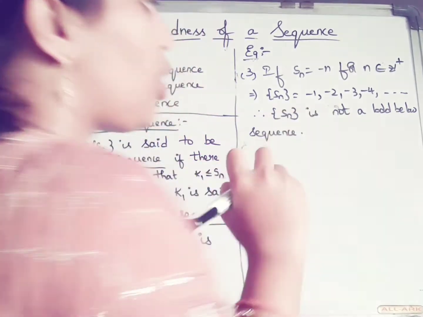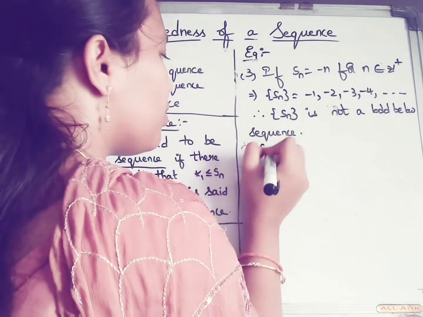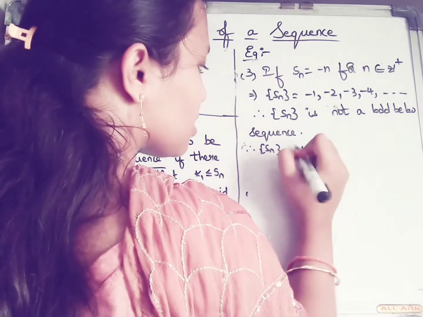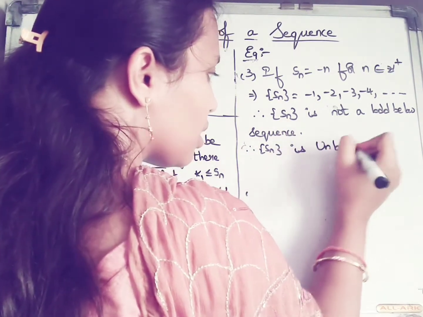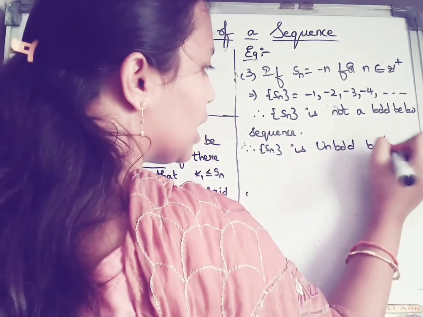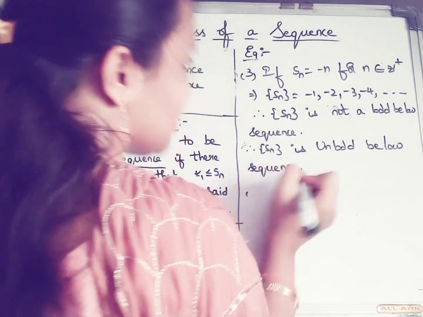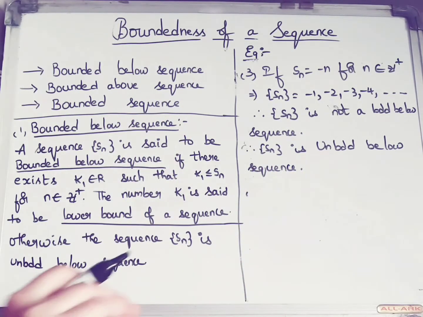If it is not bounded below, what do we need to say? Otherwise the sequence is an unbounded below sequence. Okay, clear? These are the examples for bounded below and unbounded below sequences.